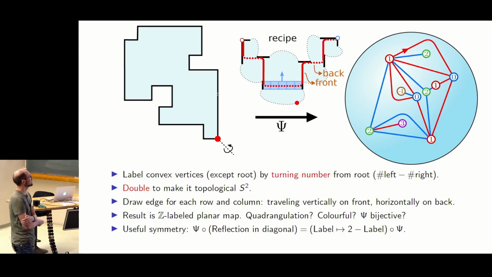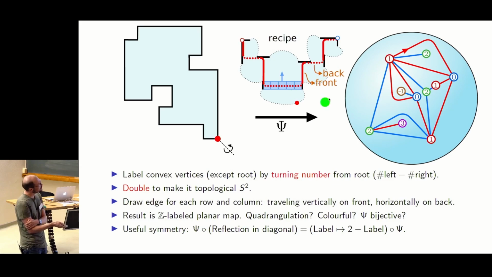Okay. But one thing I want you to take away from this explicit prescription of the bijection is a nice symmetry, because if I flip this rectilinear disk, or the rigid quadrangulation, along the diagonal, then nothing changes in the edges. The only thing that changes is the labels, because I said we traverse in counterclockwise direction. Now it becomes clockwise.